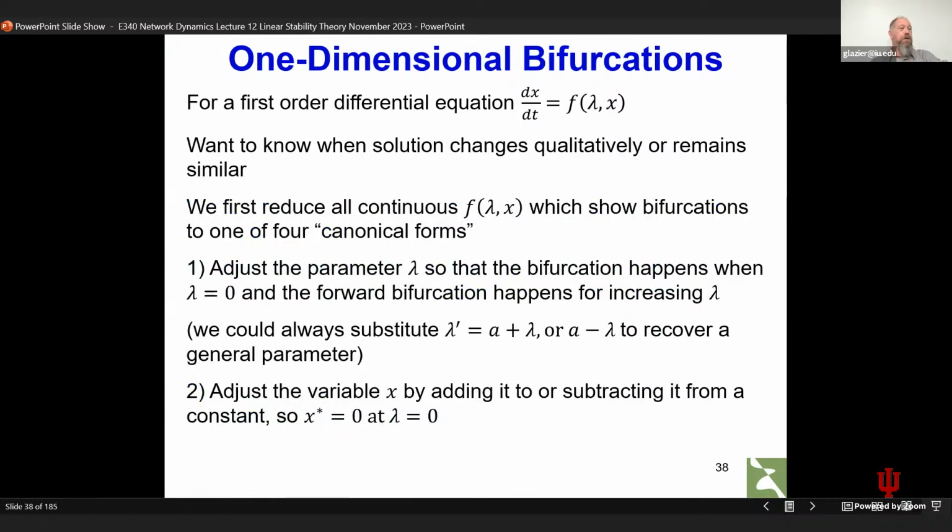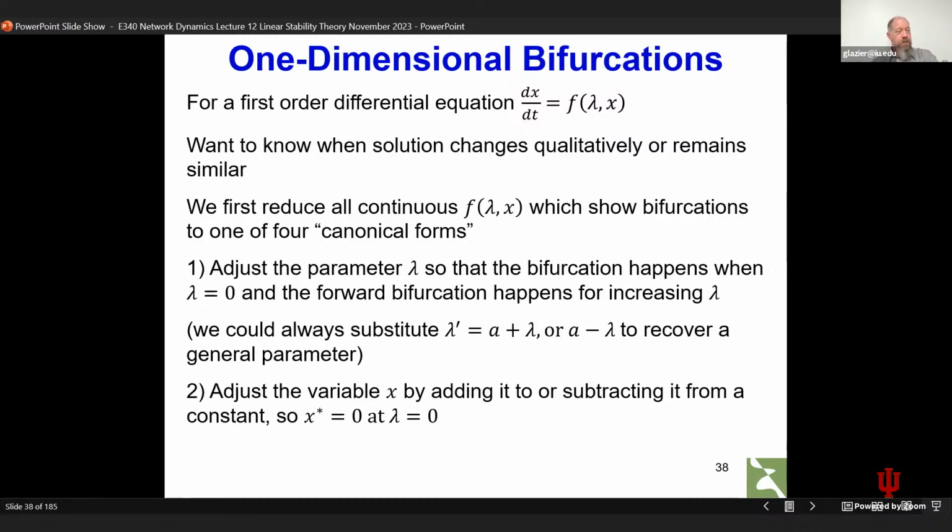Okay, so what are we going to do? We're going to adjust lambda. We're going to rework these equations so that the bifurcation happens when lambda equals 0. And we could always shift lambda by a constant to recover a general parameter. And we're also going to adjust the values of x so that the fixed point is at 0.